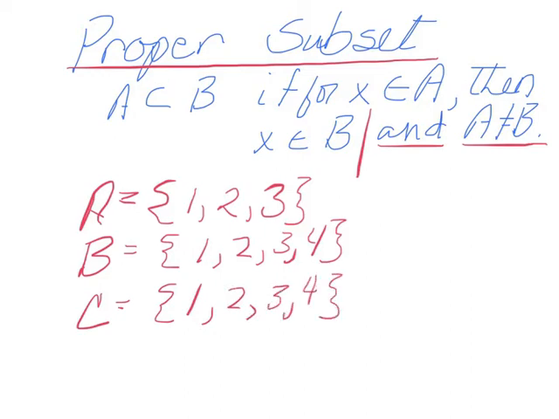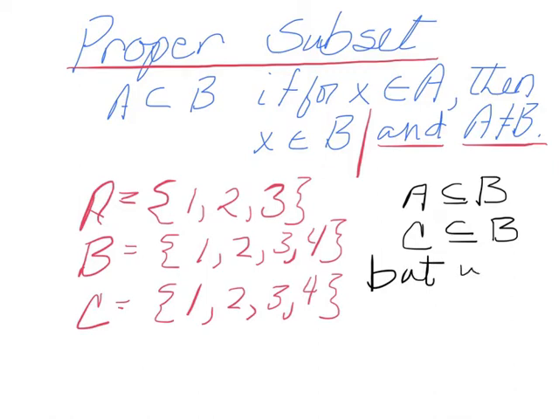Now if we look at this diagram, we can see that A is definitely a subset of B, and we can see that C is also a subset of B. By definition, every element in A is an element of B, and every element in C is an element of B. But we also see that C equals B. So C can only just be a subset.